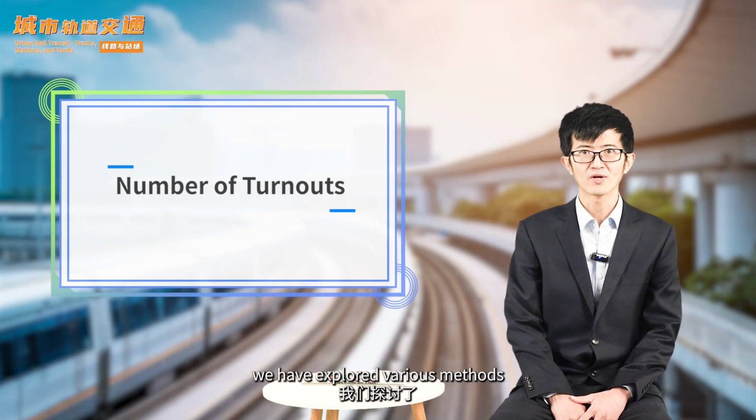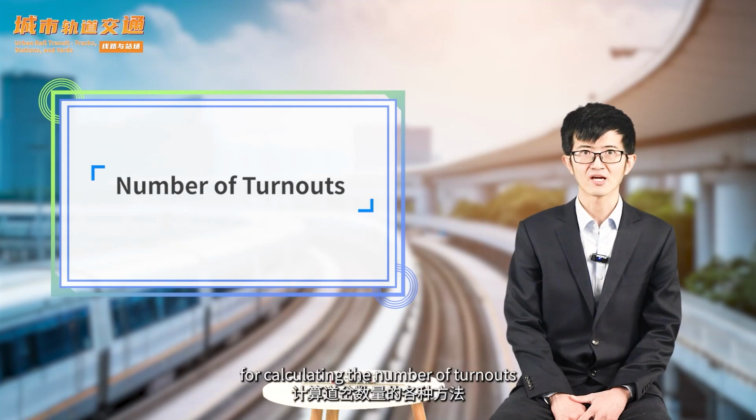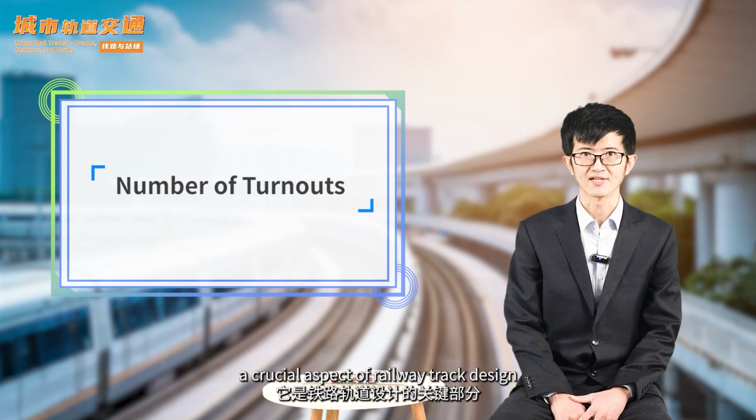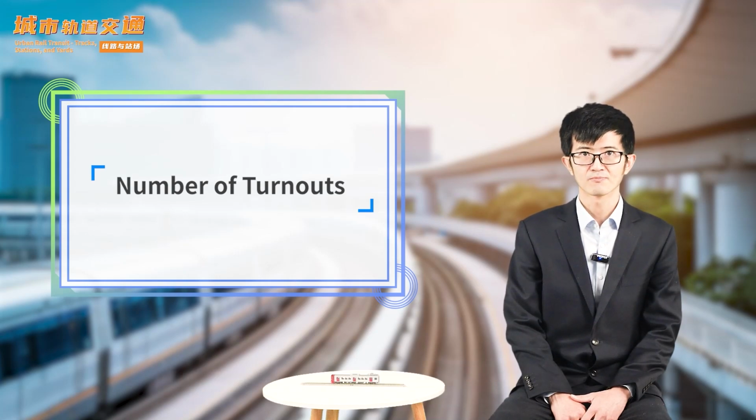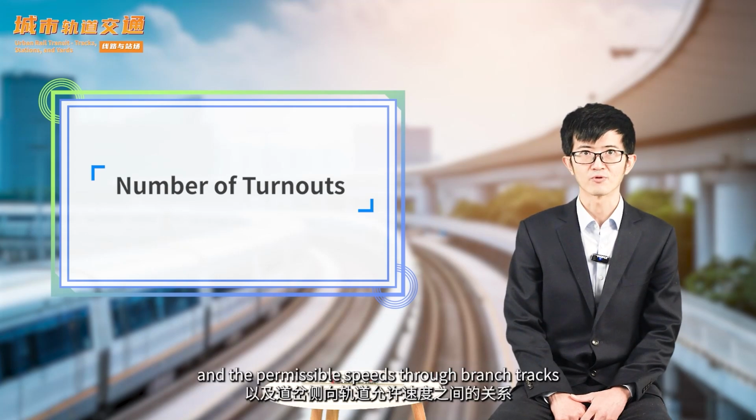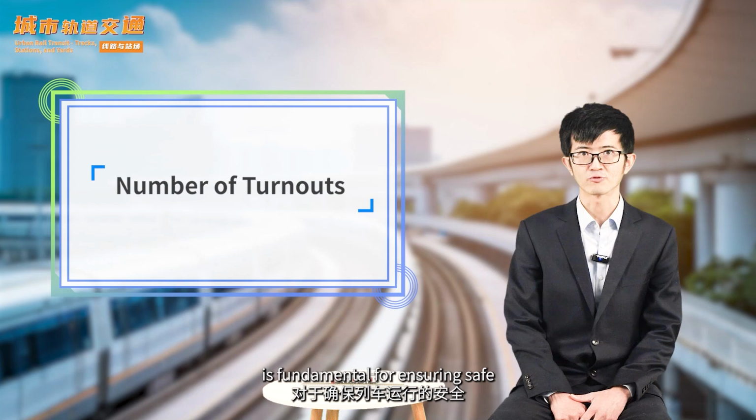In this lesson, we have explored the various methods for calculating the number of turnouts, a crucial aspect of railway track design. Understanding the relationship between the turnout numbers, branch radii, turnout length, and the permissible speed through branch tracks is fundamental for ensuring safe and efficient train operations.